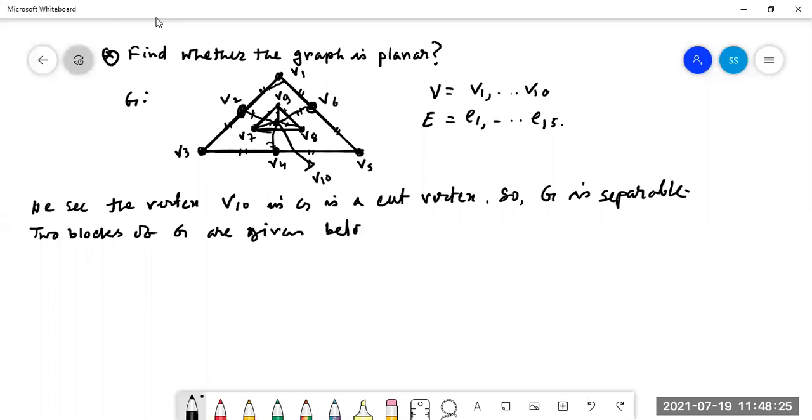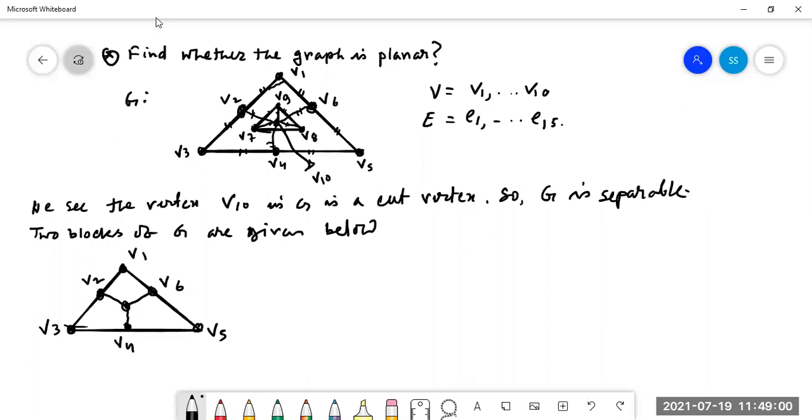given below. This is one block, that is V1, V2, V3, V4, V5, V6, and V10.